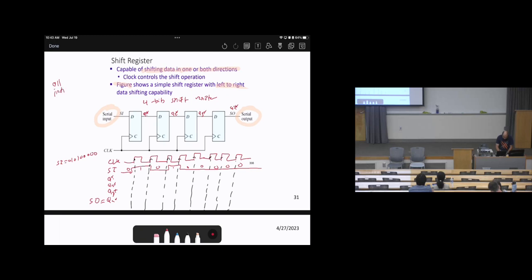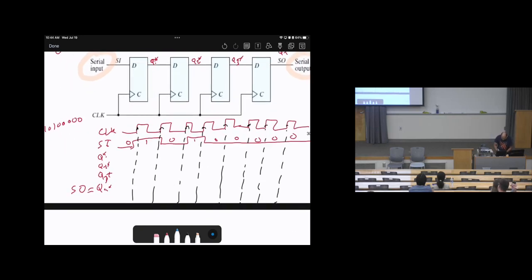So the initial condition for Q1 is 0, Q2 is 0, Q3 is 0, Q4 is 0.